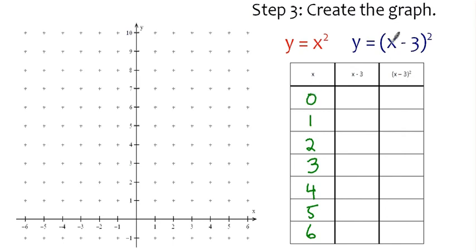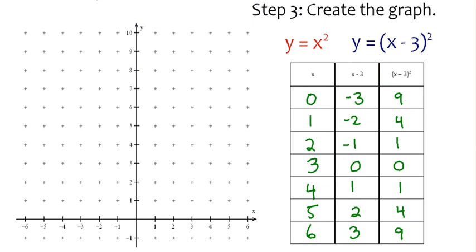And we'll do the x value minus 3, and then square the answer. 3 minus 3 is 0, squared. 4 minus 3, squared. 5 minus 3, squared. 6 minus 3, squared. 2 minus 3, squared. 1 minus 3, squared. 0 minus 3, squared.